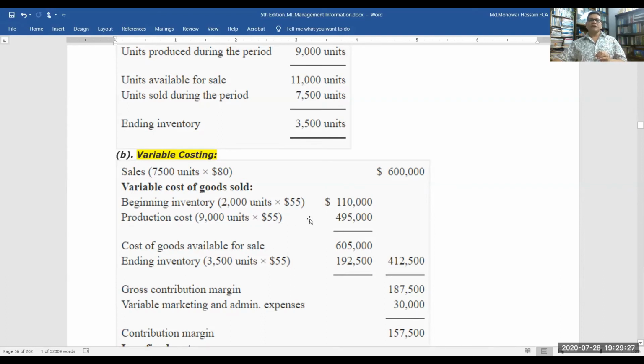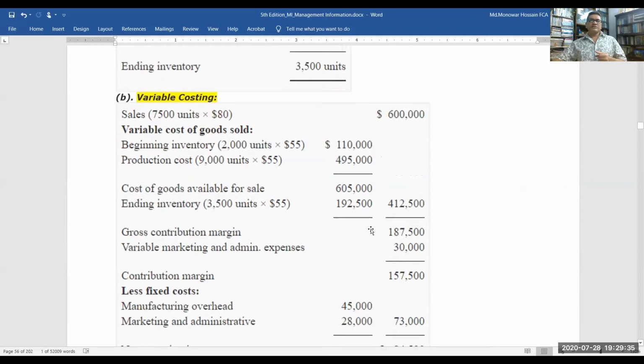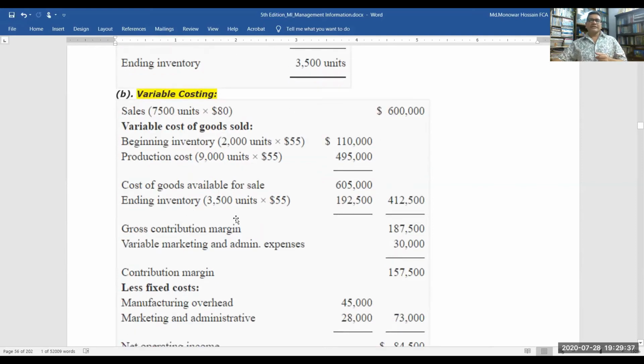So 2,000 units at 55 is 1,10,000, and the production cost of 9,000 units multiplied by 55 gives 4,95,000. From there, the ending inventory of 3,500 units at 55 is 1,92,500. If we subtract that from the cost of goods available for sale, we get 4,12,500.